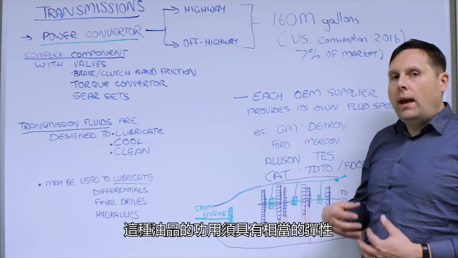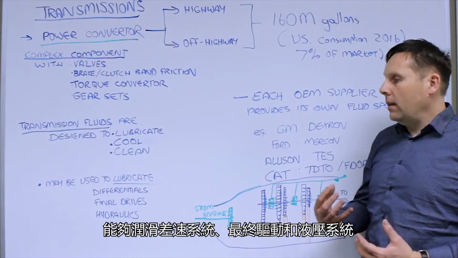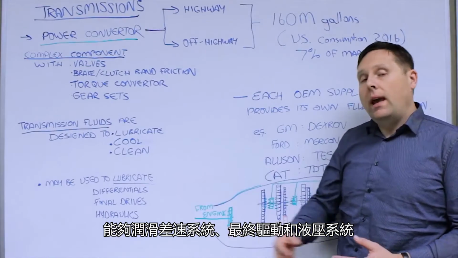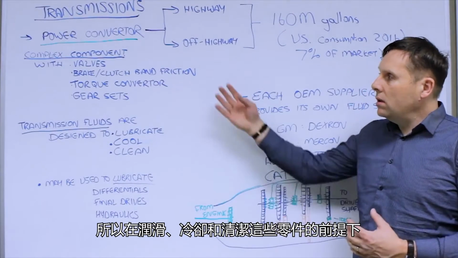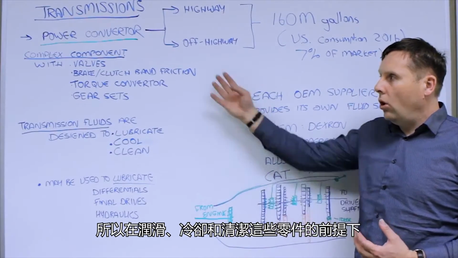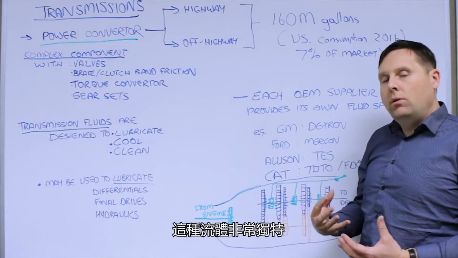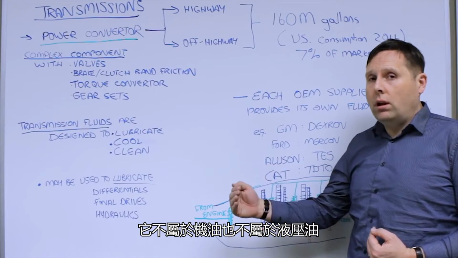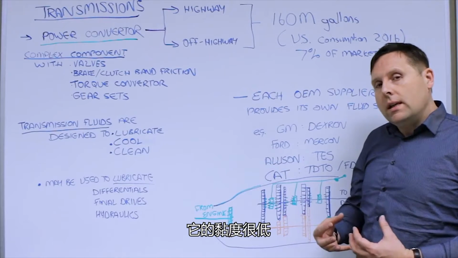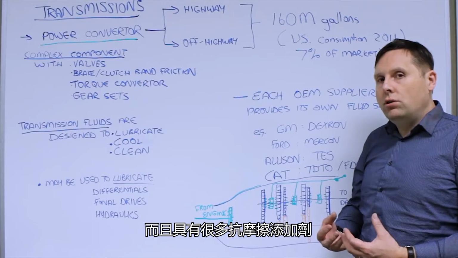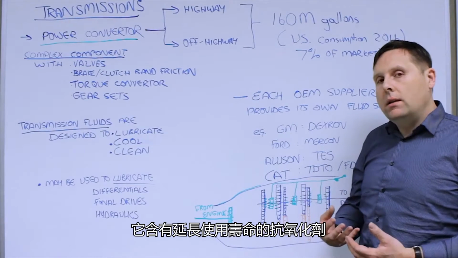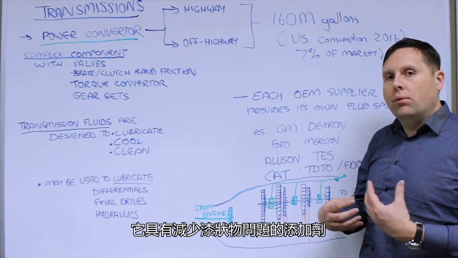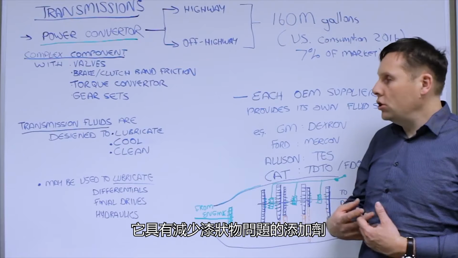This fluid has to be very flexible and may need to lubricate differentials, final drives, and hydraulic systems. As a result, the type of fluid that's developed is quite unique. It's not an engine oil per se, it's not a hydraulic fluid. It has a low viscosity, a lot of anti-friction modifiers, antioxidants for long life, and additives to reduce potential varnish issues.